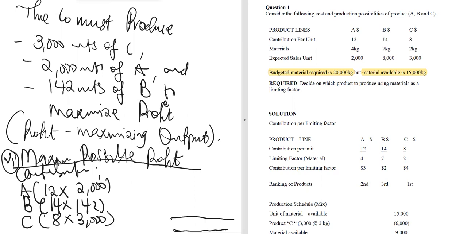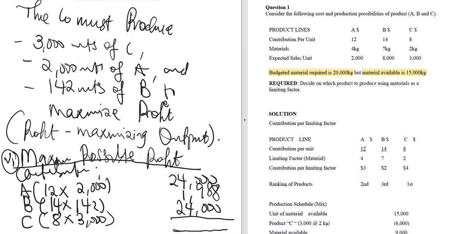So 12 by 2,000, this guy makes a total profit of 24,000 after we produce those units. This guy 14 by 142, we make 1,988. Then we have 24,000 again for this one.